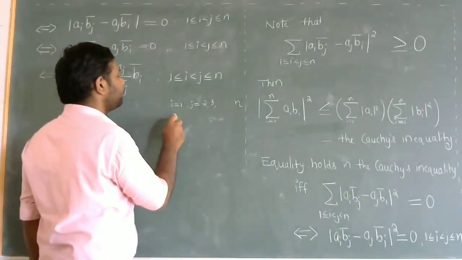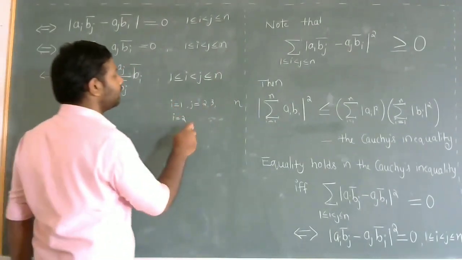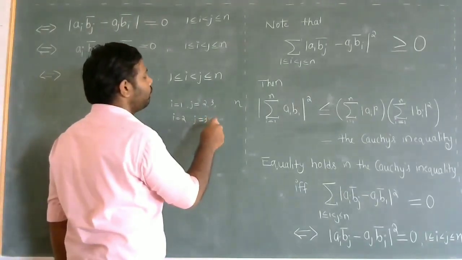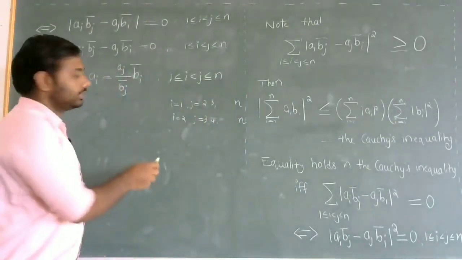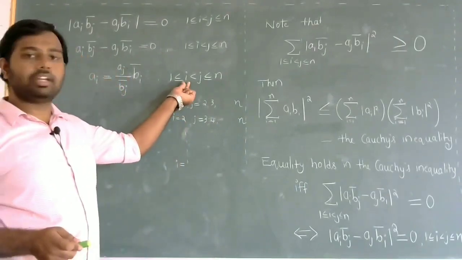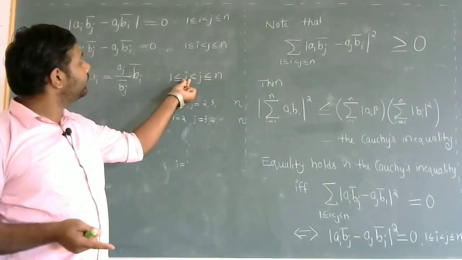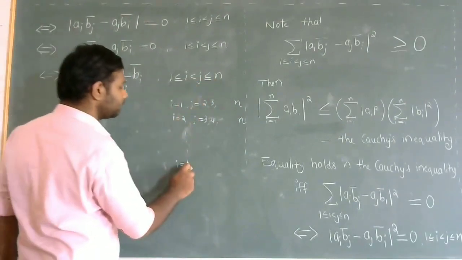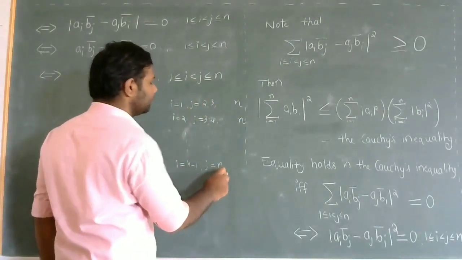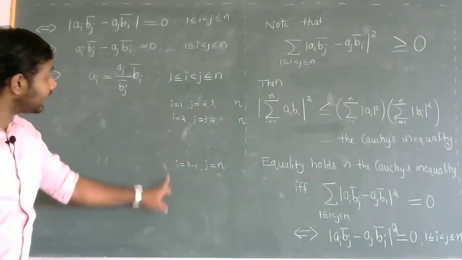Then if I fix i equal to 2, j values will be 3, 4, so on to n. Similarly, j can take the maximum value n, but i should be less than j, so the maximum value of i is n minus 1, and for that case, j takes the only value n.